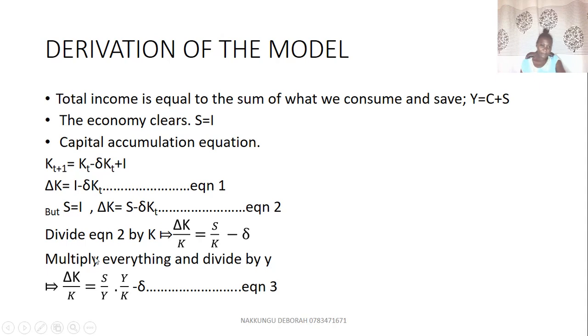With sigma. Now what is s over y? Remember from the assumptions about the Harrod-Domar Growth model, we said that the savings rate is fixed, and the savings is a fixed proportion of income.